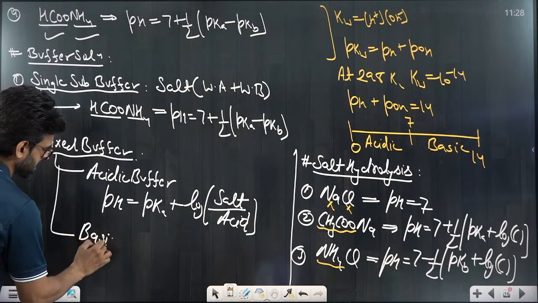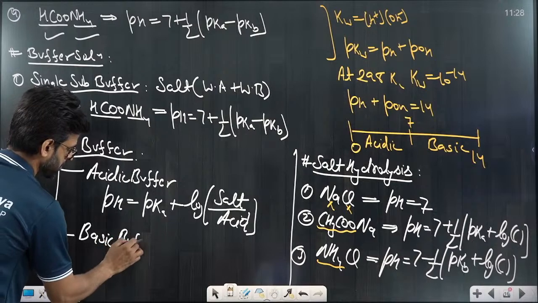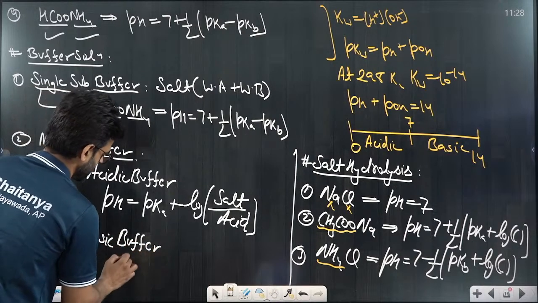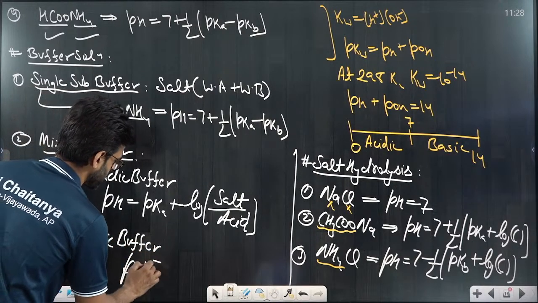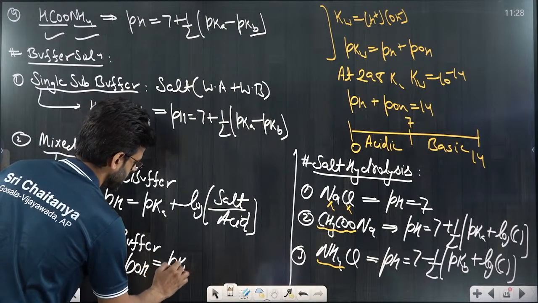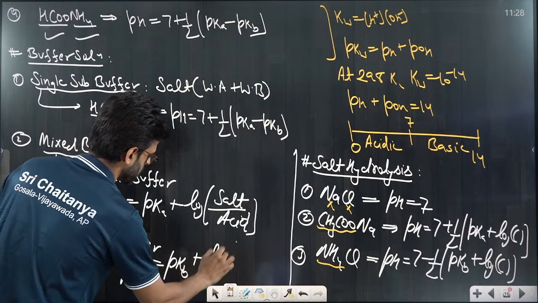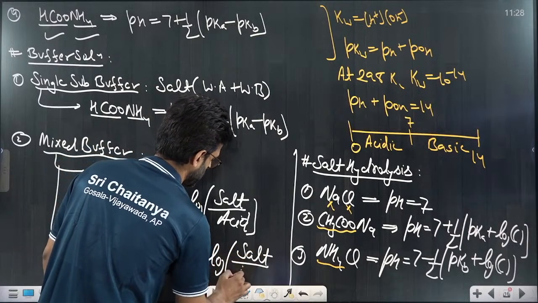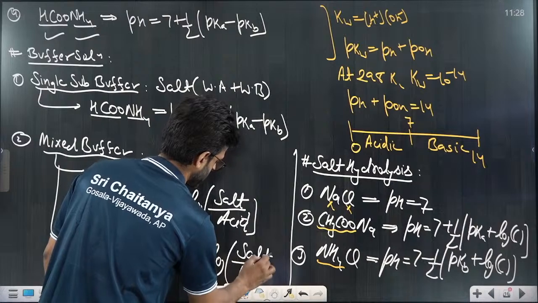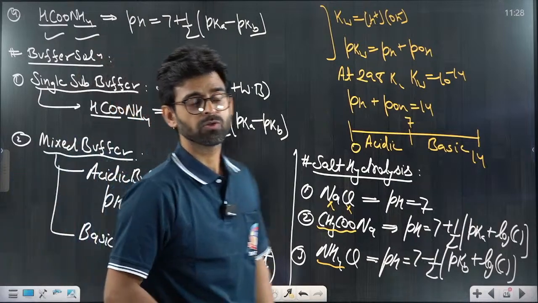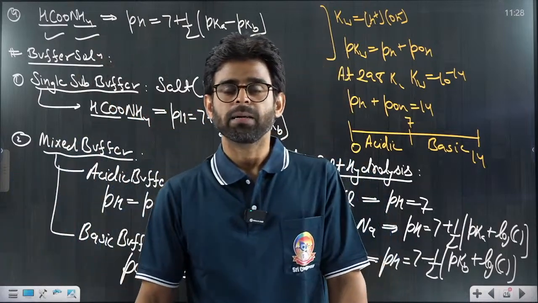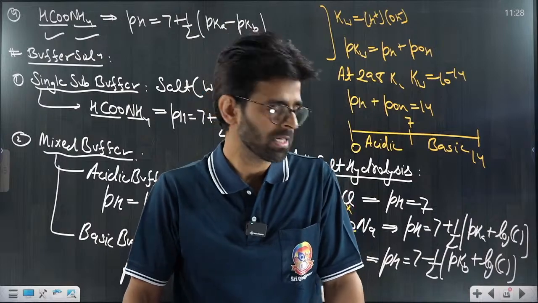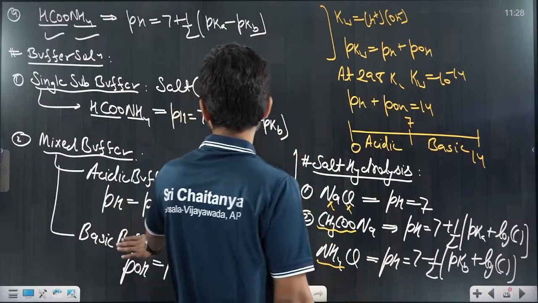And the same thing with the basic buffer, the formula is pOH equals pKb plus log salt by base. You will take log salt by base. Fine. This is the acidic buffer. This is the basic buffer.